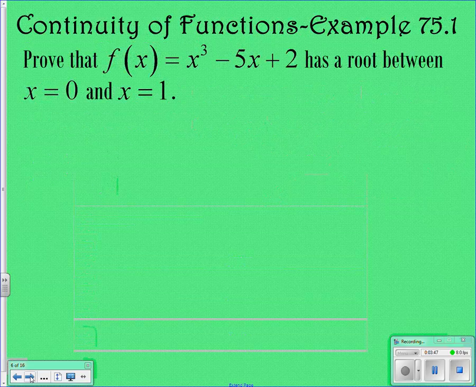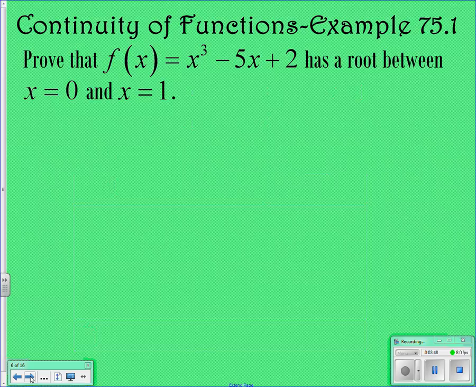So we want to prove here that it has a root between 0 and 1. So first off, we must know that it is a continuous function. This is a continuous function because it's a cubic. It's a polynomial function, and it is always going to be continuous. So we need to figure out what is f of 0.